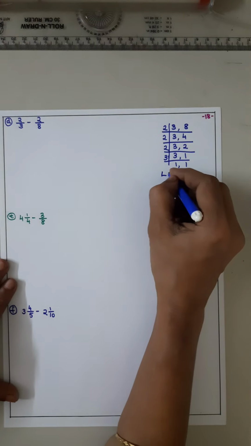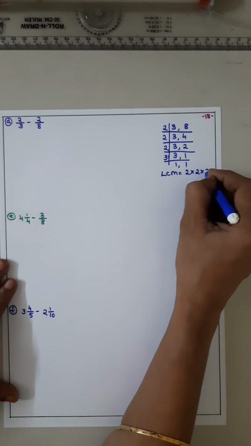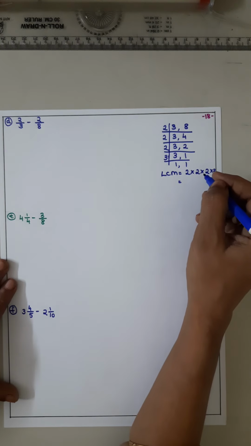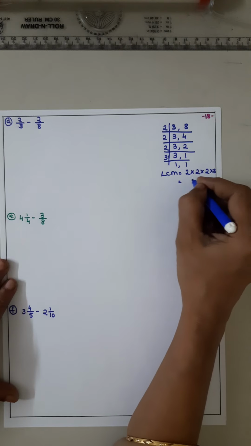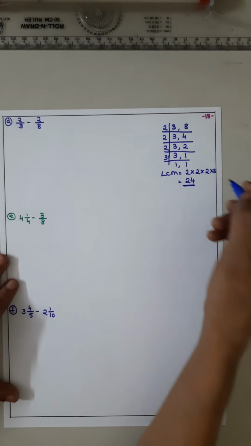Now write LCM is equal to 2 into 2 into 2 into 3. 2 twos are 4, 4 twos are 8 and 8 threes are 24. Isn't it?